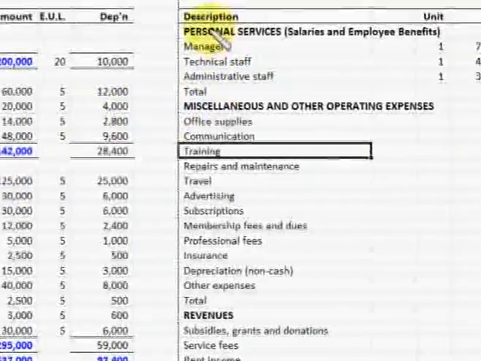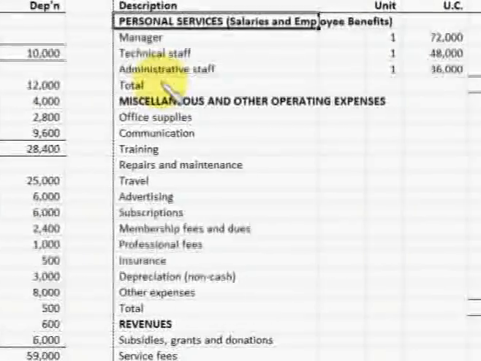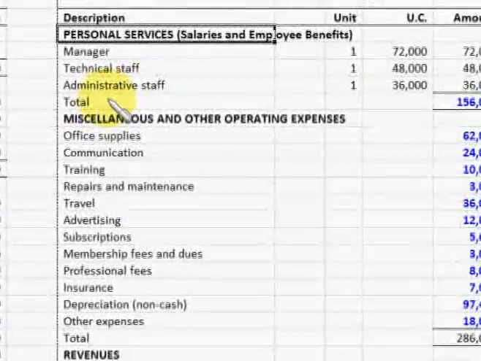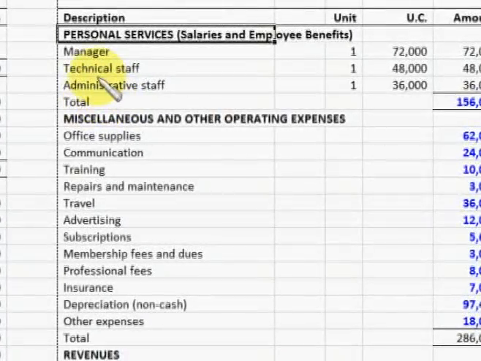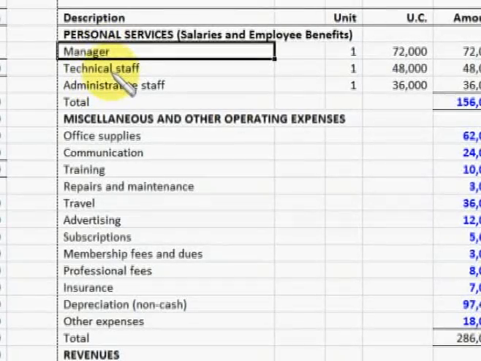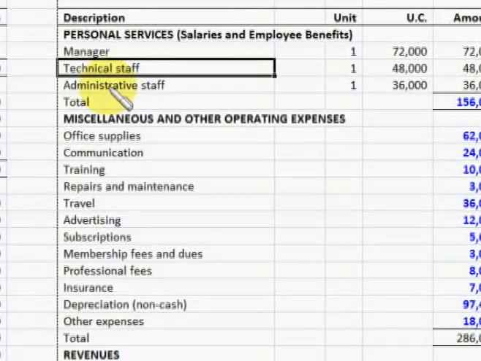We also need people, of course, to run the affairs or to manage the CEC. Basically, we must have a manager, a technical staff, and an administrative staff.